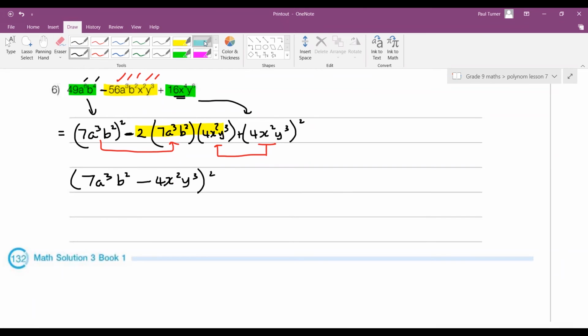So your first term is written here, and your second term is written there. So that's your final answer then, as a complete square or perfect square. Completing the square is important for when we do quadratics too, which will be the next unit.